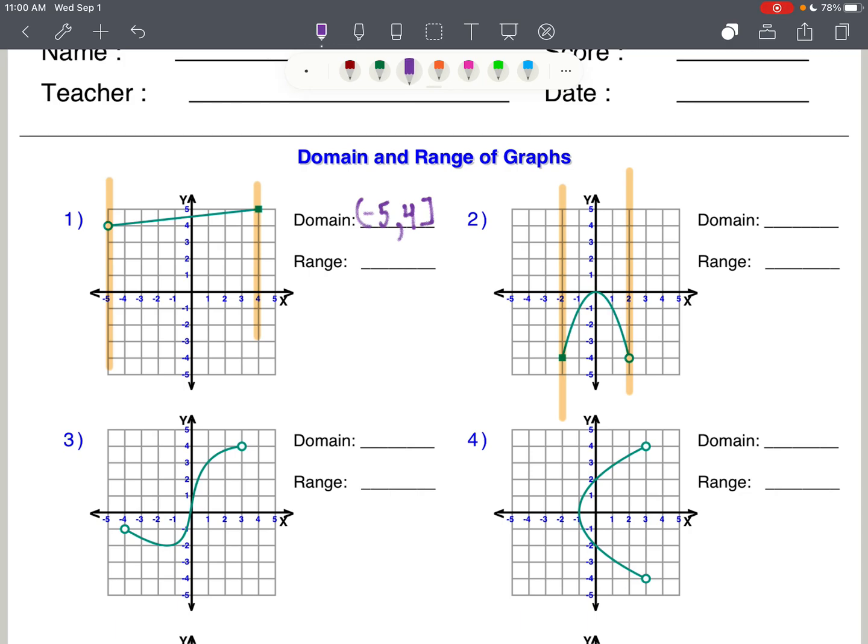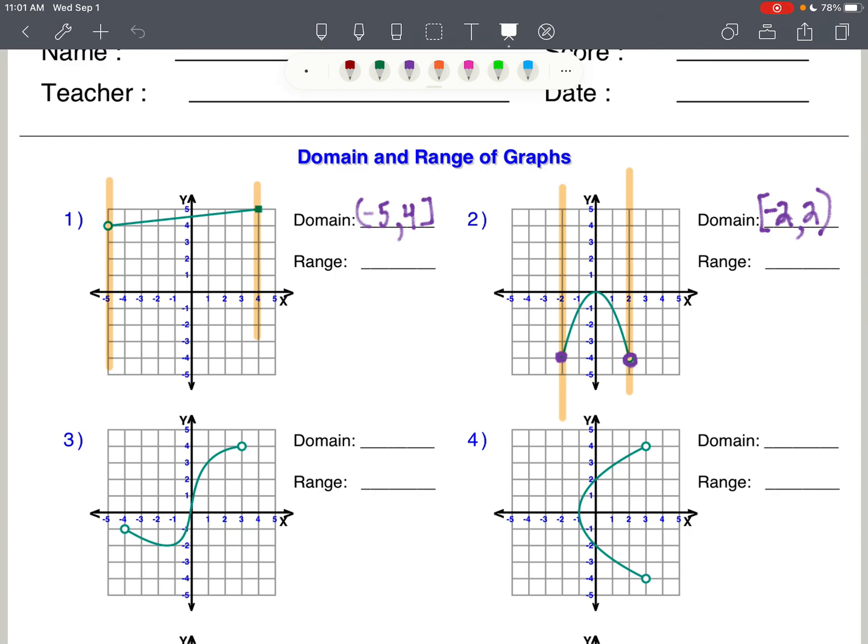Now, -2 has an output of 4, so -2 is going to have a bracket. +2 is an open circle, so (2, -4) is not a point that is on the graph, so +2 is a parenthesis.